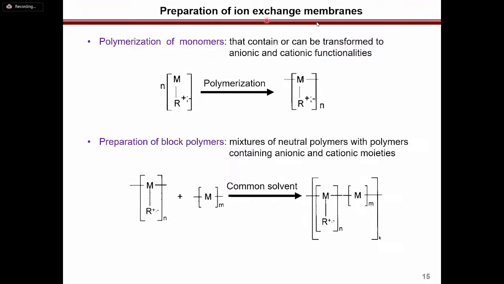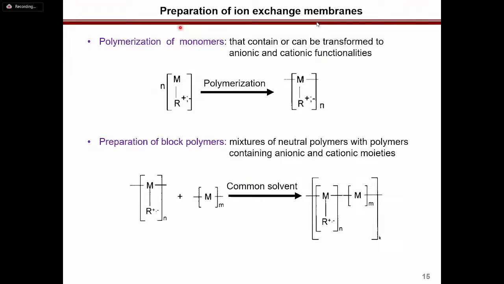So how do we form the ion exchange membranes? How do we prepare the ion exchange membranes? Did you have some practical experience in the lab preparing membranes?